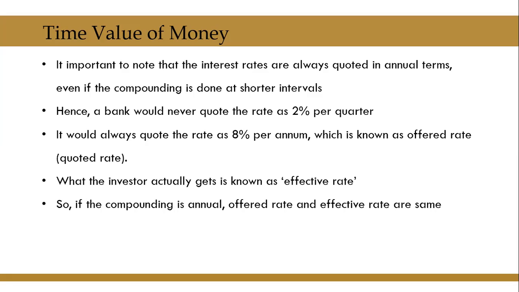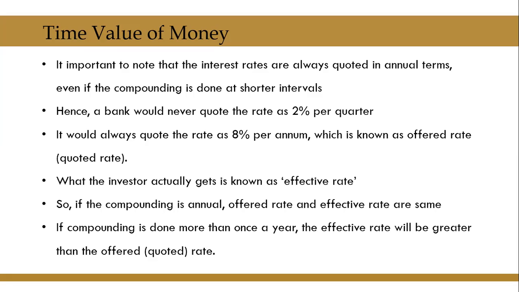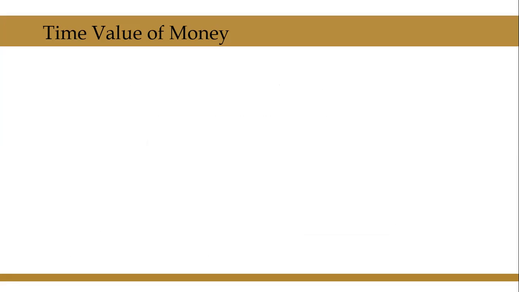Therefore, if it is annual compounding, the offered rate, that means the rate offered by the bank, and what actually the investor gets are same. But if compounding is done more than once a year, the effective rate will be greater than the offered or quoted rate. How do we get the effective rate?